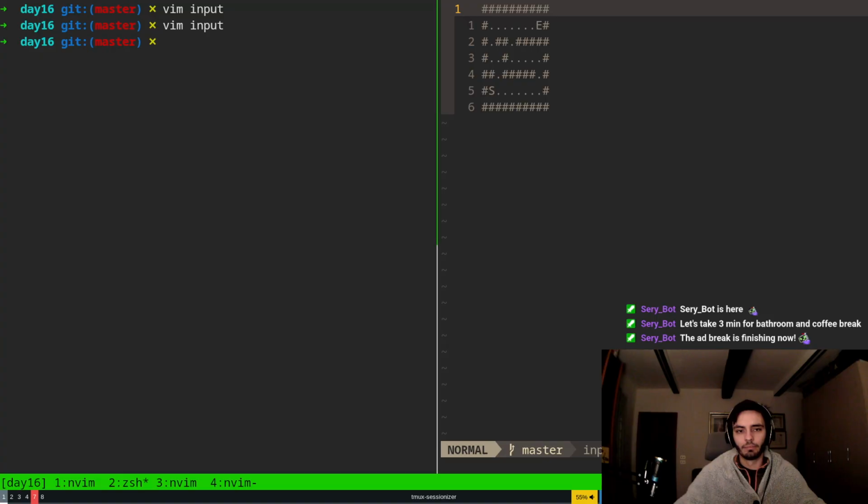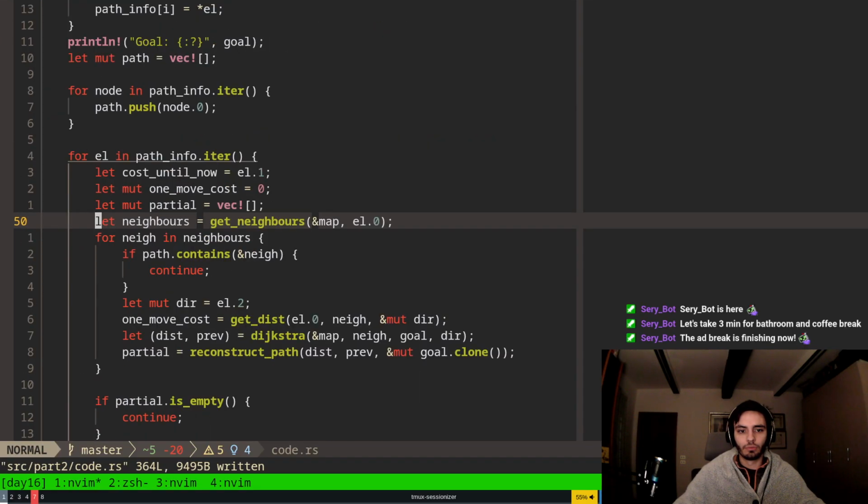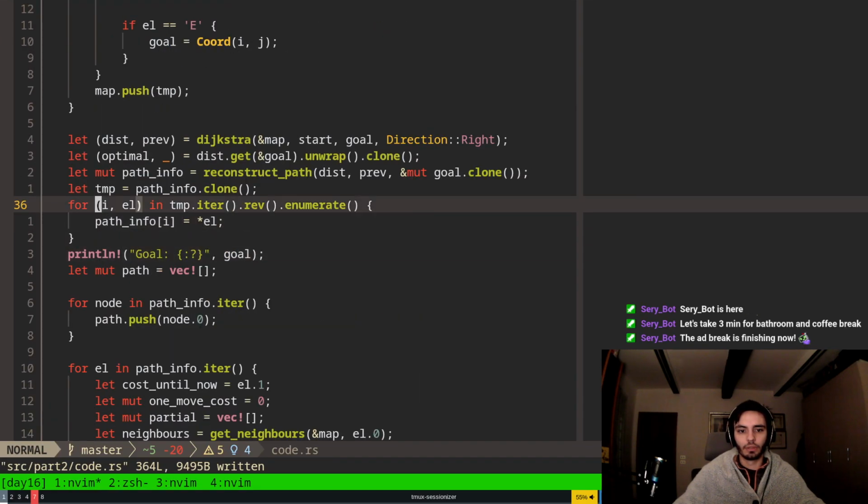Oh fuck, my RAM. Okay, it died. Very well. Thanks, Rust. Yeah, let's remove this idea over here.